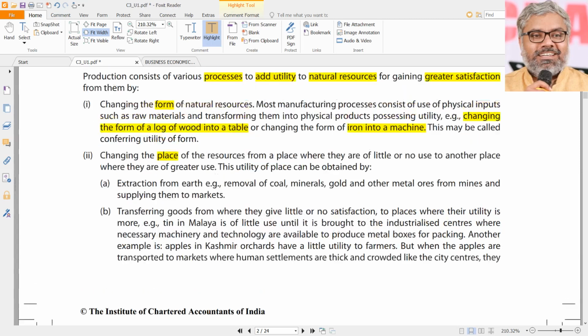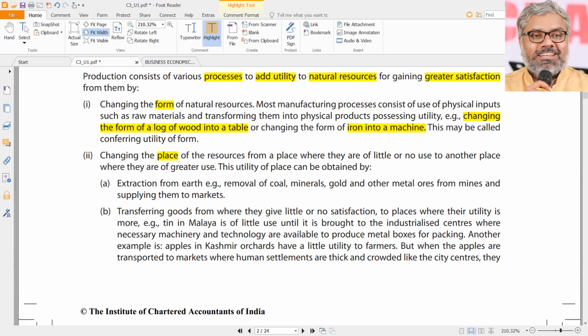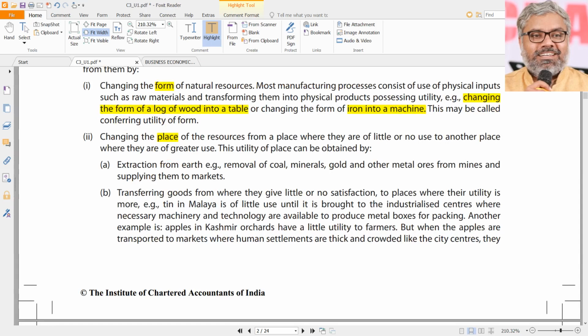How? Nature will not send this utility directly from ore to home, but who does that? The production process does that. Human beings do that. So that is the utility that the production process creates, place utility. Or look at the food that you eat. It is cultivated somewhere in the villages, somewhere in the agricultural lands, where also you don't know exactly.